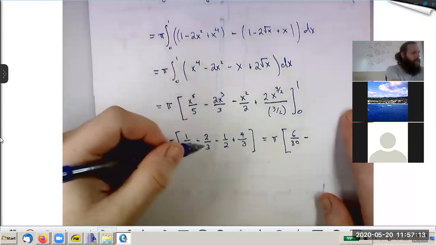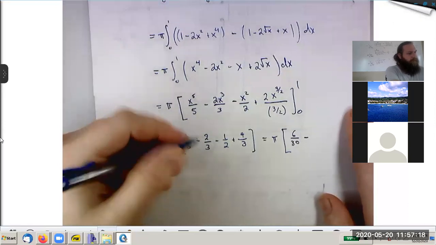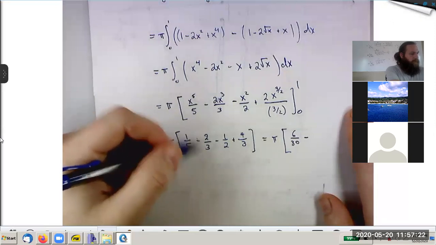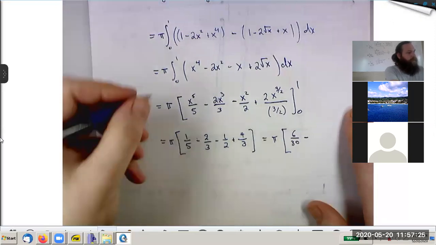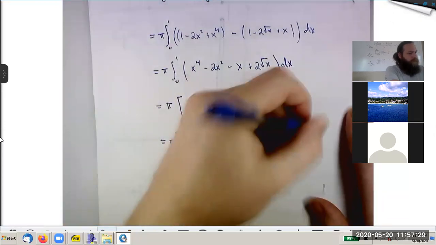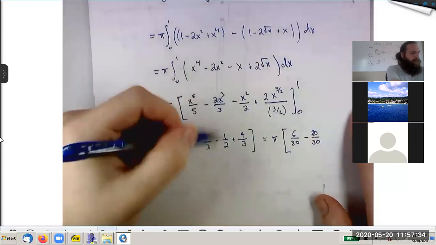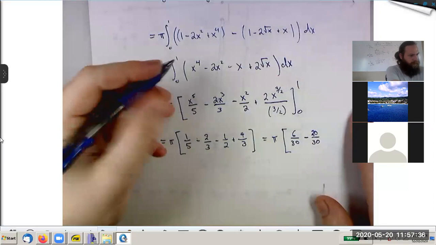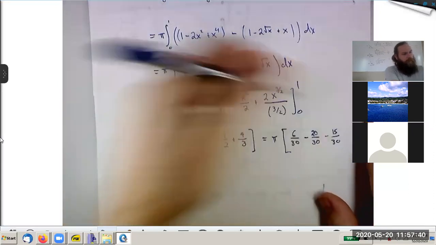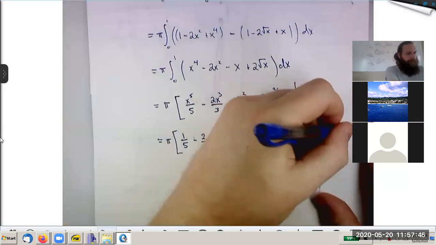So the 3 is missing a 10, so 20/30, right? 6 times 5 is 30. Yes, and so this is missing the 10, the 2 and the 5. Multiply by 10/10, 20/30. Yep, this guy as a ratio over 30 is 15/30. And this guy as a ratio over 30 is 40/30.